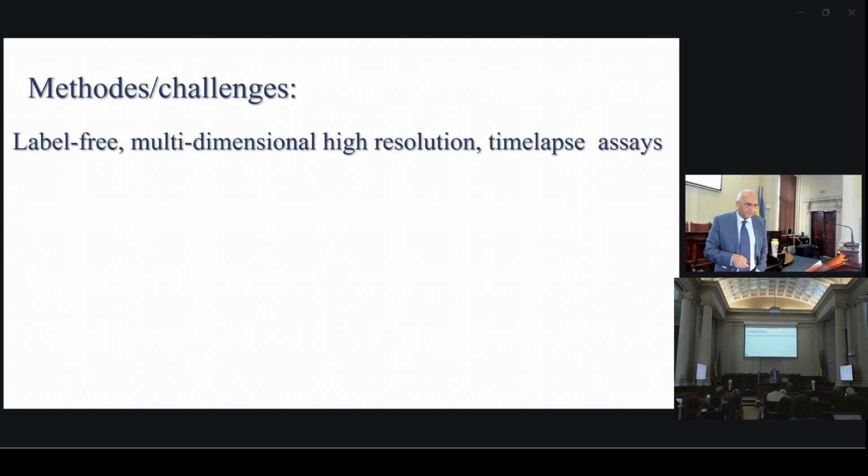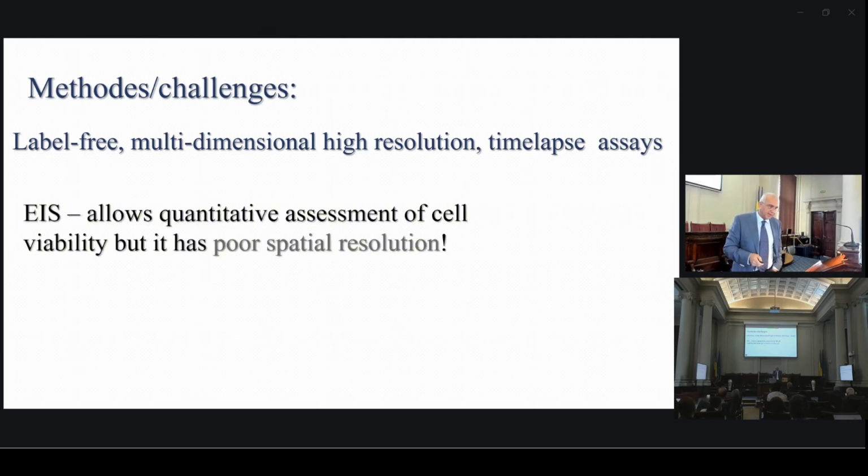But for now, what I wanted to pinpoint is the fact that we are interested in high resolution single cell time-lapse assays, and for more than 3 decades I was very fond of electrical impedance spectroscopy. Unfortunately, this is a very used technique for biomedical application, but it lacks spatial resolution.